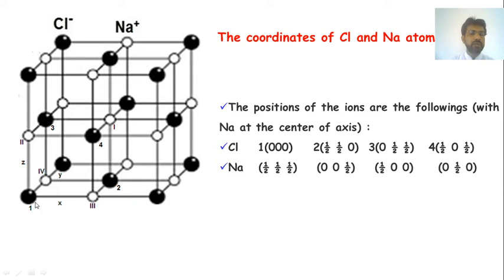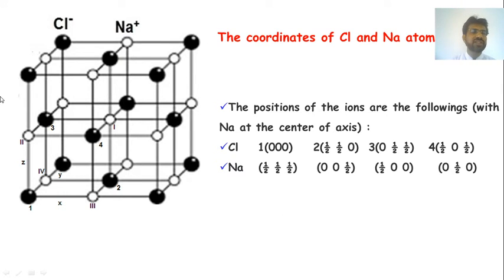Therefore if we go along the x-axis, half of this edge, its x coordinate is 1/2, its y coordinate is 1/2, but its z coordinate is 0. Therefore the coordinates of this chlorine atom are 1/2, 1/2, and 0.